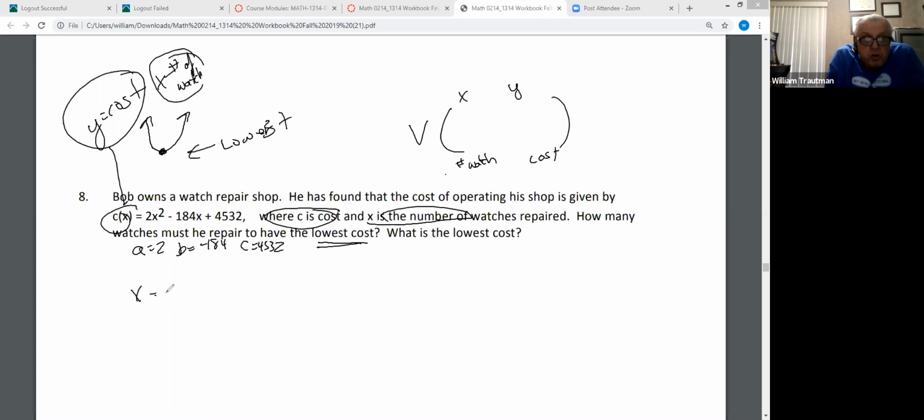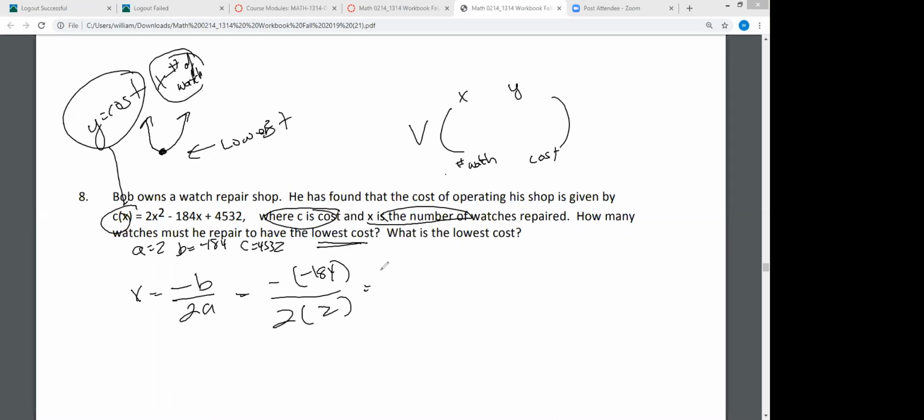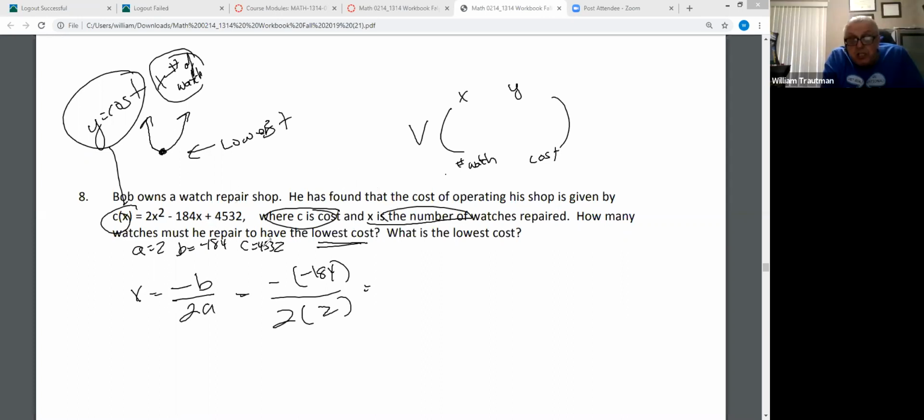To find the X part of the vertex, -B divided by 2 times A. B is -184 and A is 2. I got -46. Oh, wait. It's a negative and a negative, so it's a +46.